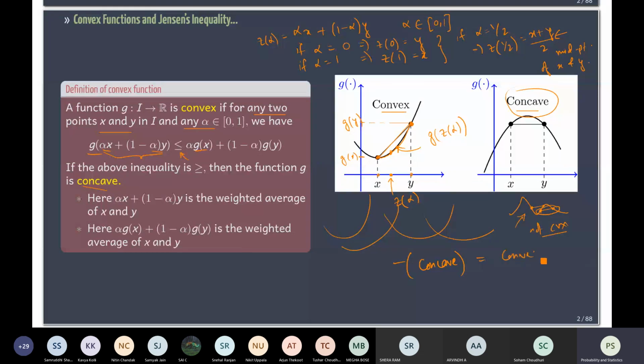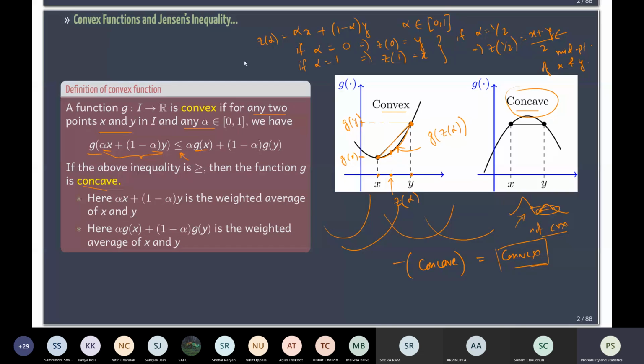In general, you will see people always using convex because concave can be made convex by doing a negative of the function. Nevertheless, you also have concave and so on. If you studied physics, then you have seen the lens, concave and convex and so on. So here in terms of maths, this is what it looks like, geometrical intuition.